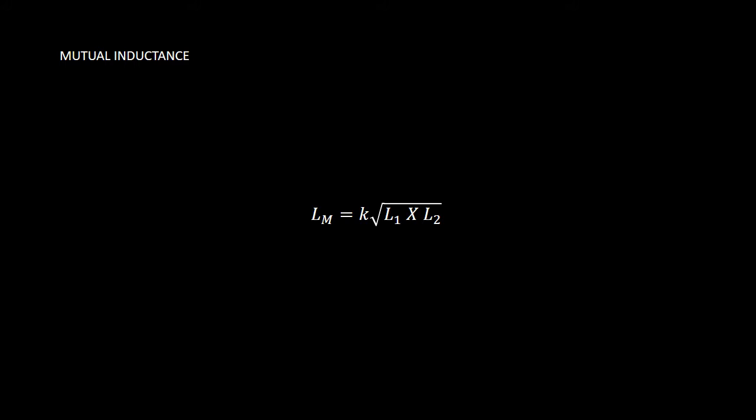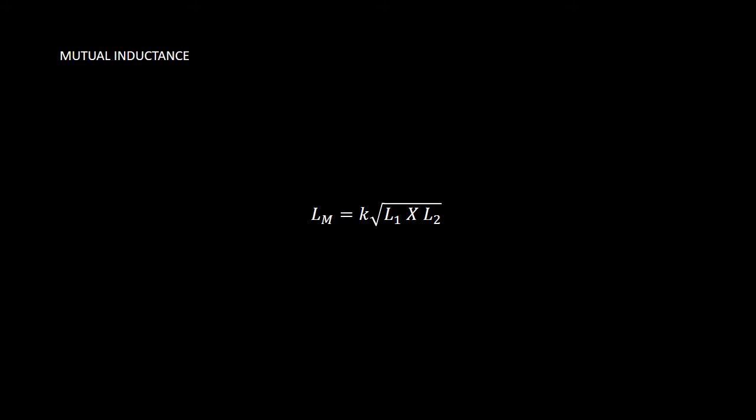The degree to which the lines of force of one coil link with the windings of the second coil is called coupling. If all lines of one cut across all the turns of the other, we have what is called unity coupling. Any number of percentages of coupling can exist due to the mechanical position of the coils. The amount of mutual inductance can be found using the formula shown on the screen.